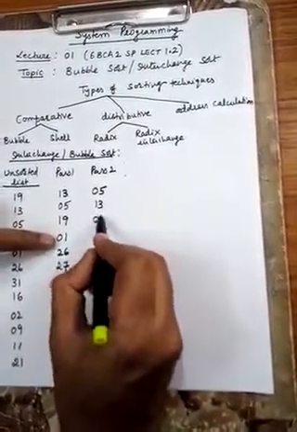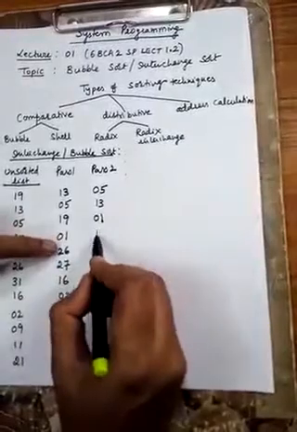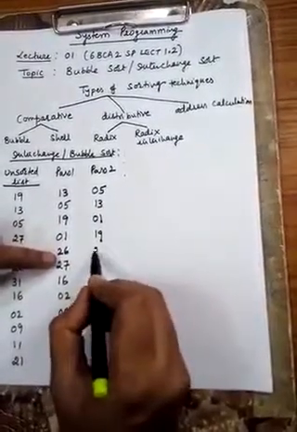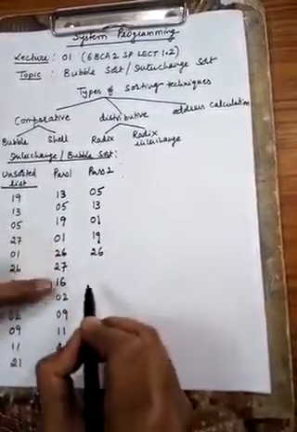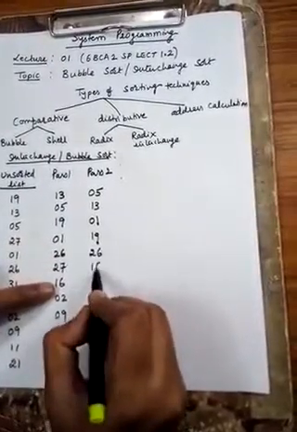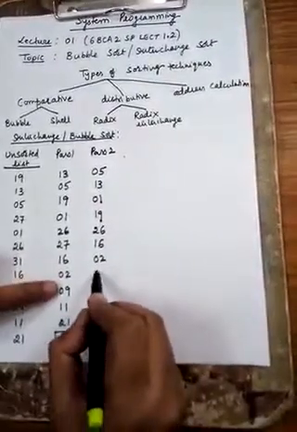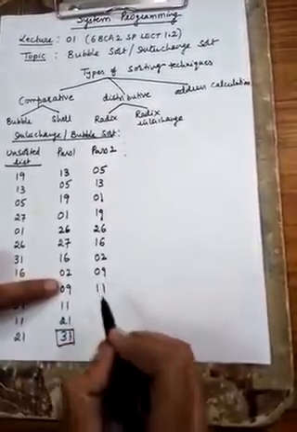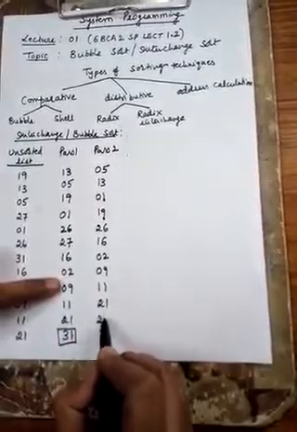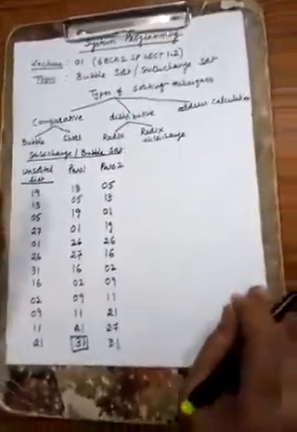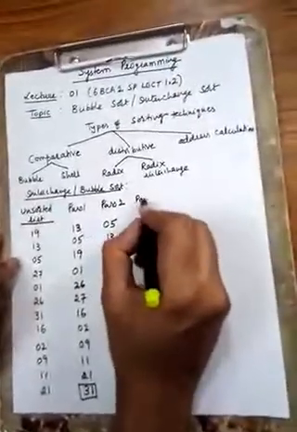Now 1 is less, 1 will come, 19 is greater so 26 is compared with 27, so 26. Then 16 is less than 27, so 16, then 2 is less than 27, then 9, 11, 21, 27 and 31. Now we will go to the next pass.